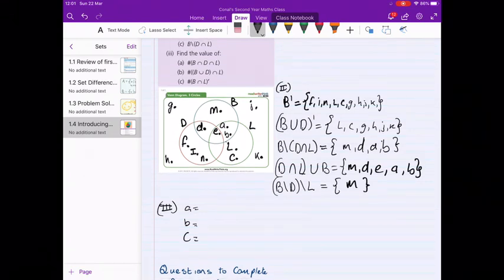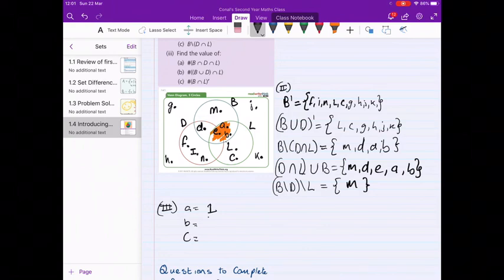Then the very next bit, we have to find the cardinal numbers of these different sets. So first off, the cardinal number of B intersection D intersection L. So there's only one element in the intersection there. Then the cardinal number of B union D in intersection with L. So B in union with D is those two full circles, but then their intersection with L is just this bit here.